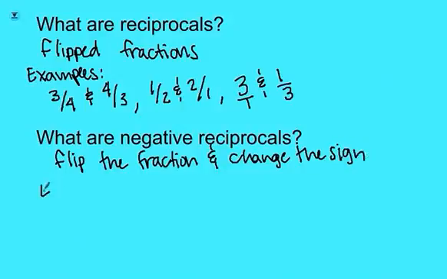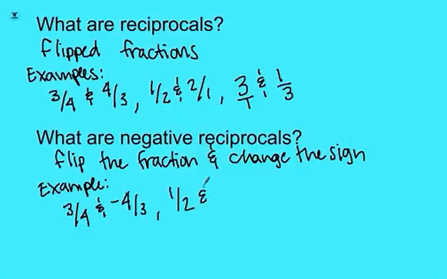For example, if I had positive 3/4, the negative reciprocal would be negative 4/3. If I had positive 1/2, the negative reciprocal would be negative 2/1, or just negative 2.